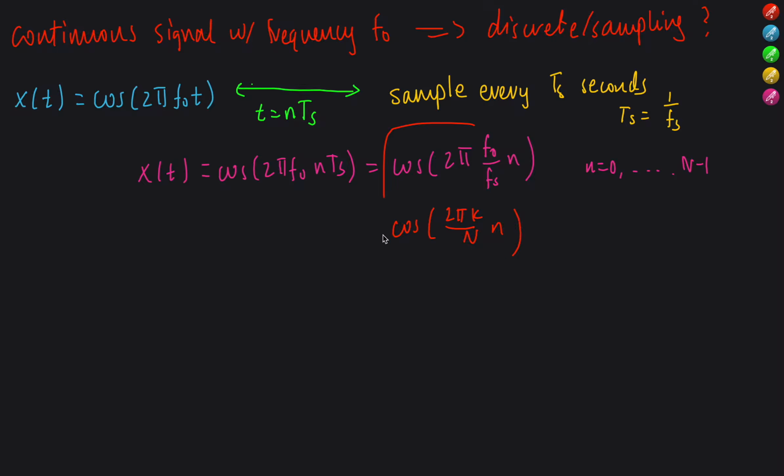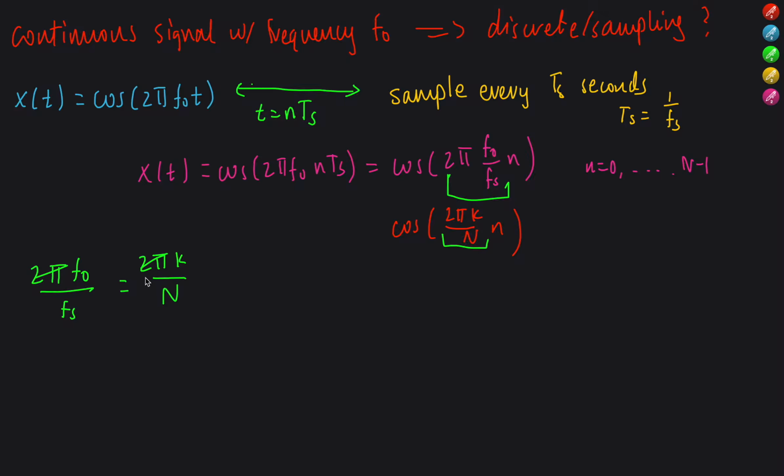We can match these two with each other, and the n's are the same, so this has to equal this. So you say, okay, 2 pi f naught over fs has to equal 2 pi k over big N.